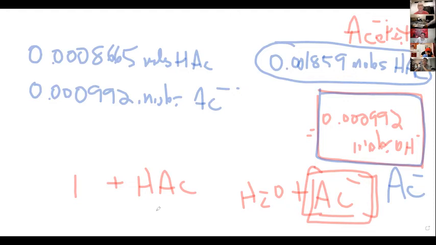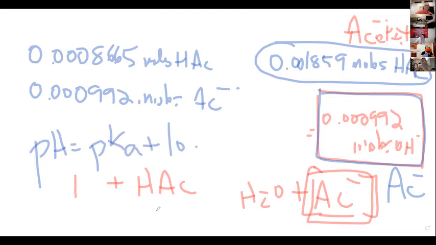So basically, we're looking at pH equals pKa plus log. You can convert both of these to concentration, but it really doesn't matter because we're looking at the ratio of these two things.